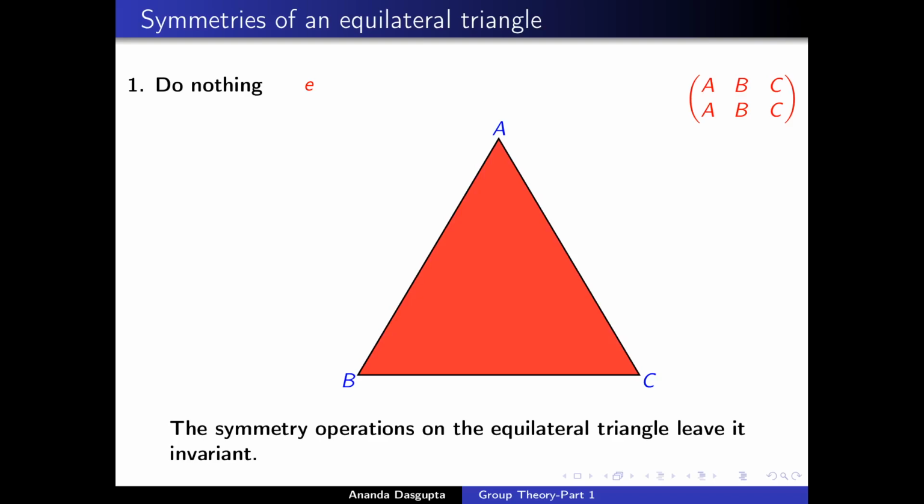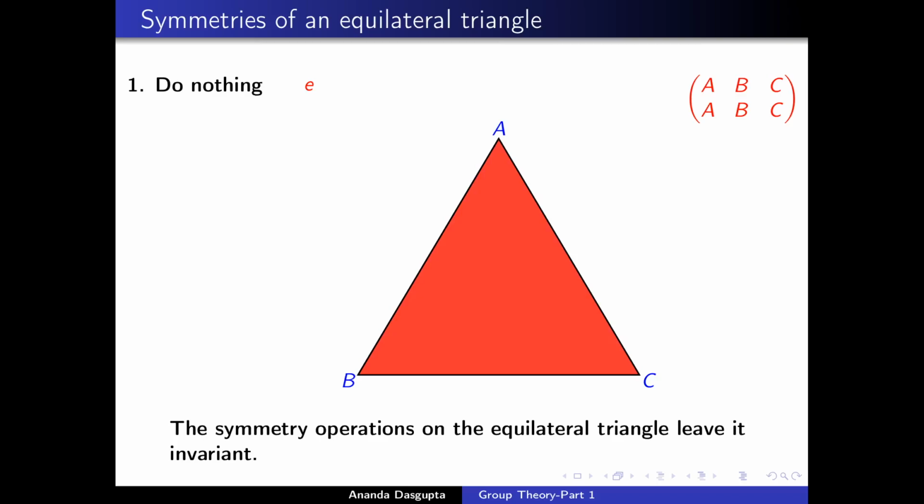Now, another way in which you could denote the same do-nothing operation is by this symbol out here. Most of you would be aware of what this symbol means. It's a standard symbol of permutation of three objects. This just says it's a permutation in which A goes to A, B goes to B, and C goes to C. All we are saying is this is what happens to the vertices of my triangle, which remember are there just for the labeling, under these symmetry operations.